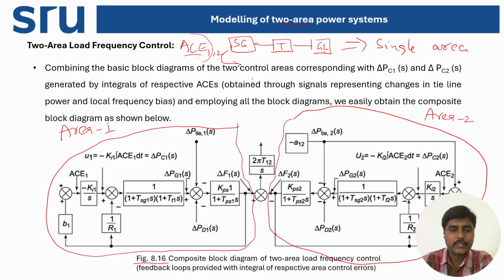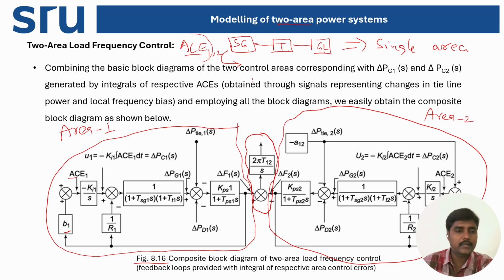That tie line can be represented by using this section of the block diagram. So here, let me revise all the notations. B1 is called the bias constant of area 1. R1 is called the speed regulation of area 1. And ACE1 is called the area control error signal of area 1.